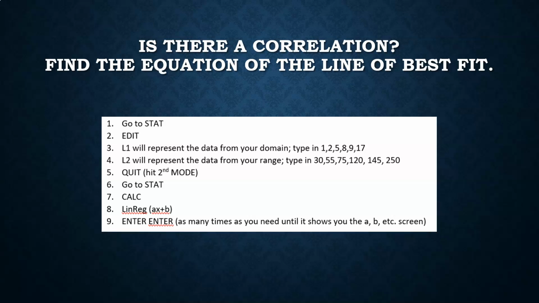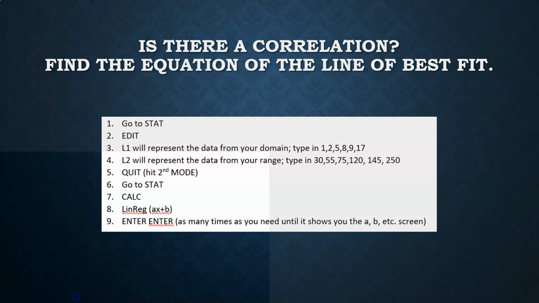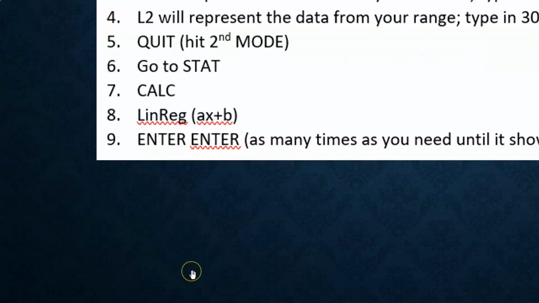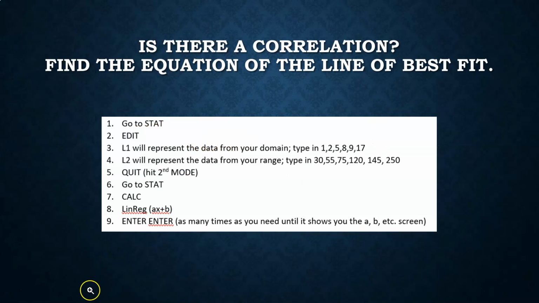Hit that twice, and that's going to give you, it says y = ax + b. Your a is your rate of change, your b is your initial value. So it gives you the equation for the line of best fit. The R value is at the bottom, and it tells you how closely correlated your data is. So let's look at the data that we got for this next piece here.